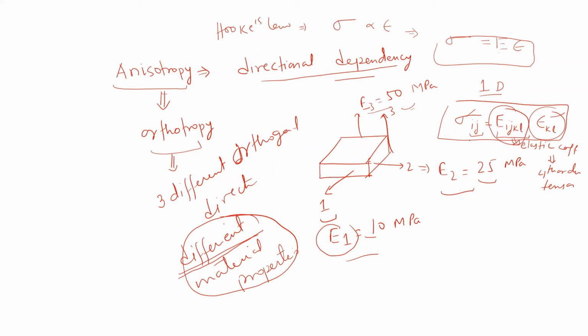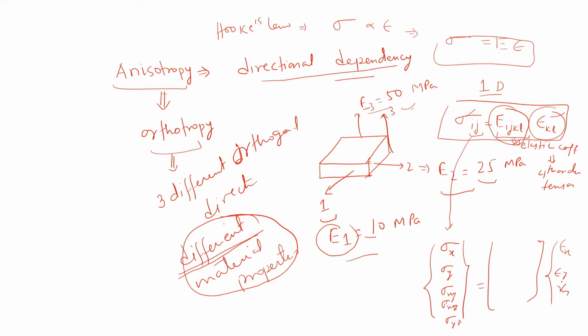So this can be further written as sigma XX, sigma YY, sigma ZZ, sigma XY, sigma XZ, sigma YZ. We can now relate this stress with a matrix of the material and the strain tensor epsilon X, epsilon Y, gamma XY, and so on, gamma YZ.